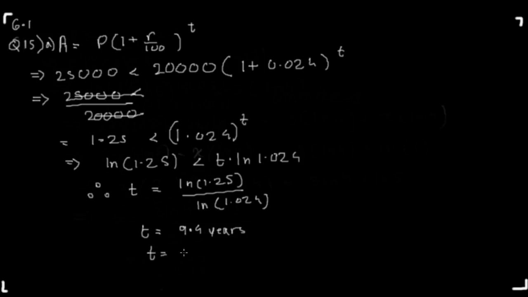The reason is that they said the interest is added at the end of each year. So that means it's 9 years, but it's a bit extra than 9 years, so that means it's 10 years. You always round up when handling things like that, even if it doesn't seem like it should be. So t is 10 years.